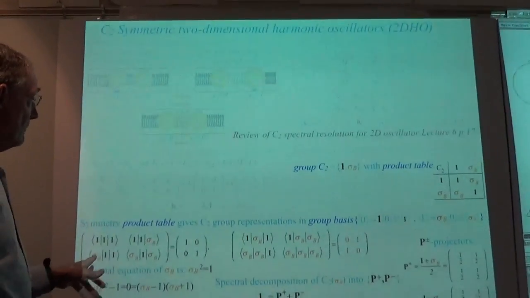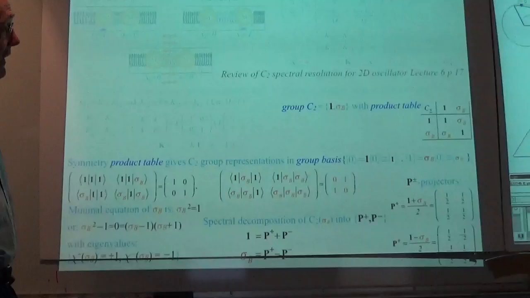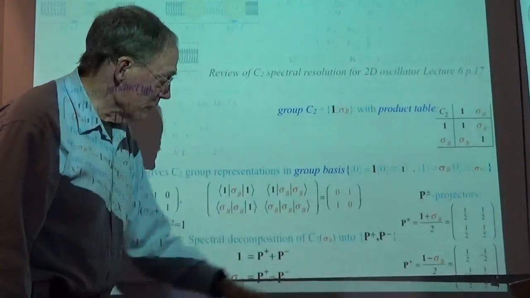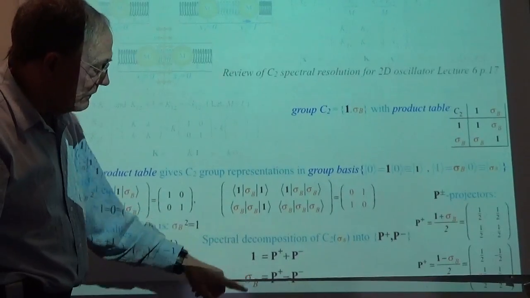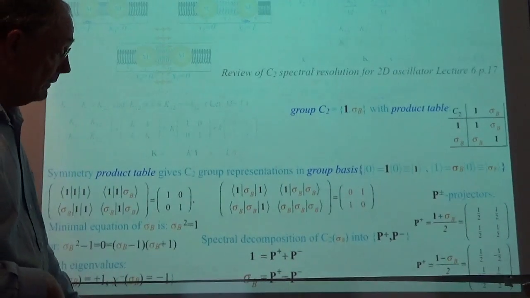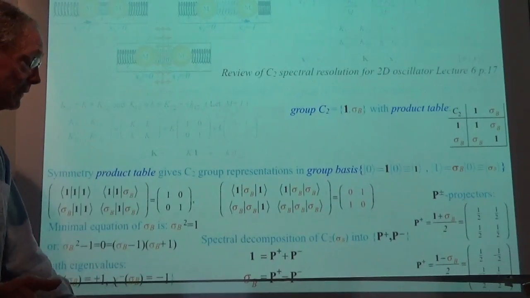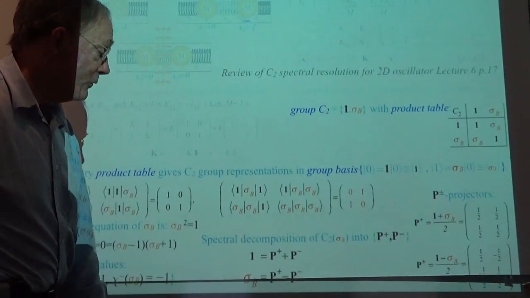Now, our main job, and this is the second slide of the review, is the spectral decomposition of that group. So each element of the group, and now we're going to have 3 elements for C3, 6 elements for C6, and so on for all of the cyclic symmetries.